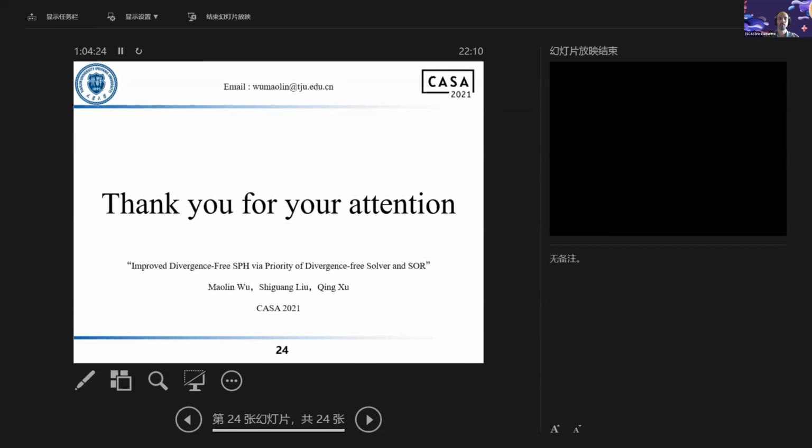But when omega is larger, for example 1.6, the fluid seems to be unstable. So we don't think this is related to the environment, because we tested it in many scenarios.